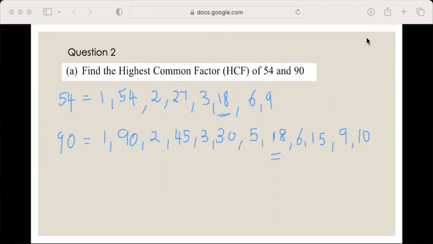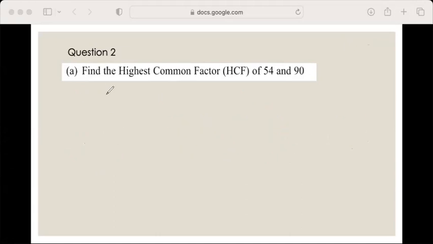So we can also use again the prime factor method. Okay. So what is the prime factor method? The prime factor method is finding the prime factors of these two numbers, 54 and 90. What are the prime factors of both 54 and 90?